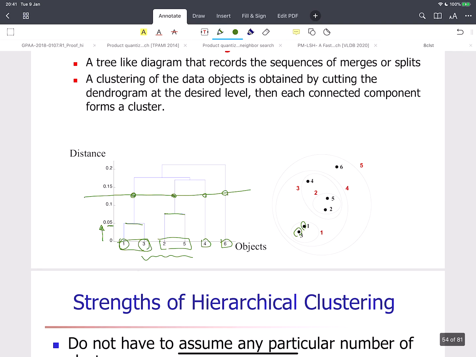Again, the actual meaning depends on the algorithm you use, but roughly speaking, within this limit they are similar. In other words, they are the most similar pair at that time, so you merge them into one cluster. That's why if you cut here, the only non-singleton cluster is 1 and 3.